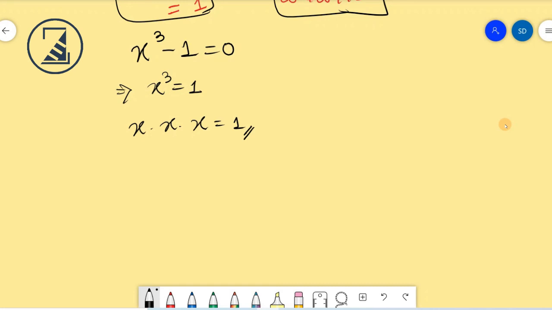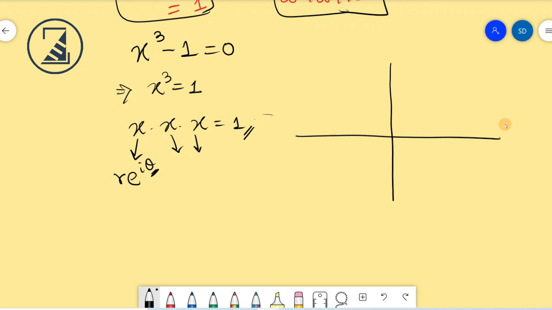If we remember the concept of multiplication of complex numbers, what multiplication does geometrically is add angles, right? So this must be in some form of e to the power i theta, and this theta is getting added 3 times, and while it gets added, the phase cancels out. So here we do not have any angle, so it has to cover 360 degrees, right?